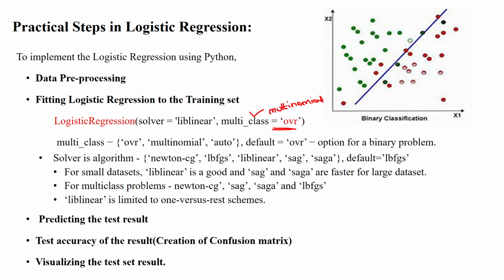You can use any solver here, SAG, SAGA, LBFGS, but liblinear cannot be used for multi-class classification because it is limited to the one versus rest approach, which we saw at the start of this session.